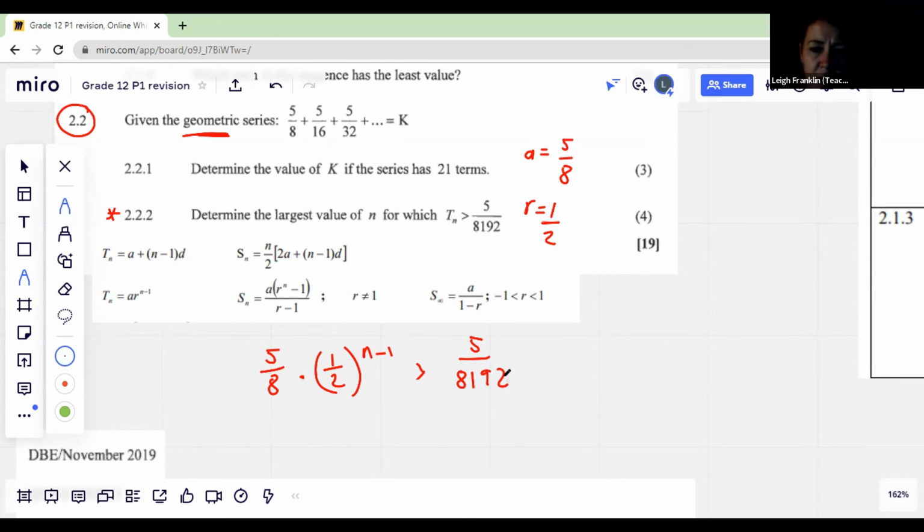Okay, so what's the first thing that we need to do, Matrix? Do we divide by 5 over 8? We're going to divide by 5 over 8 on both sides. And what are we going to end up with?